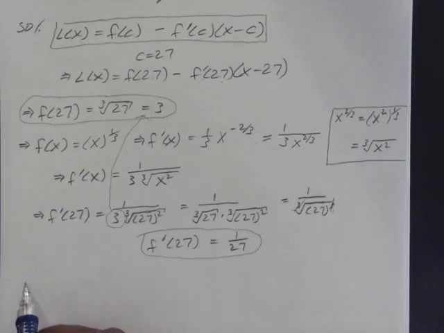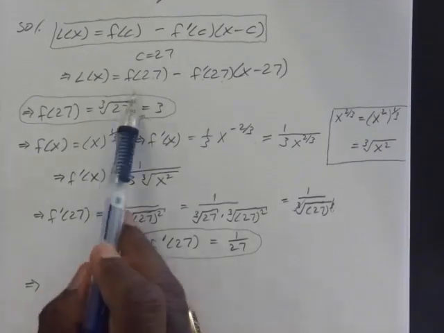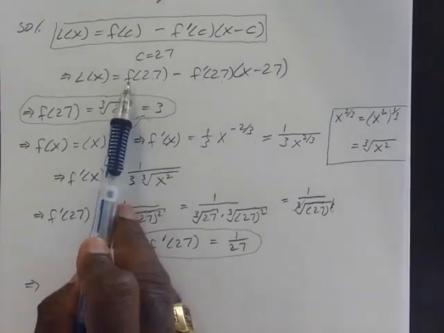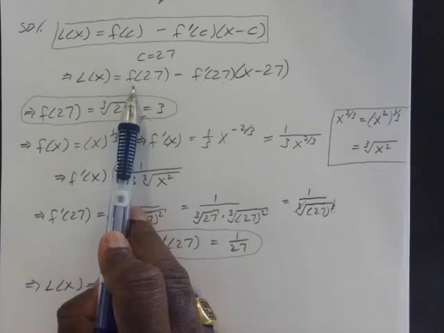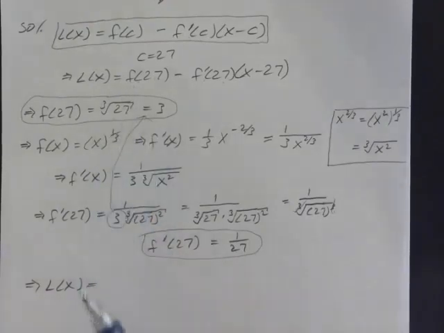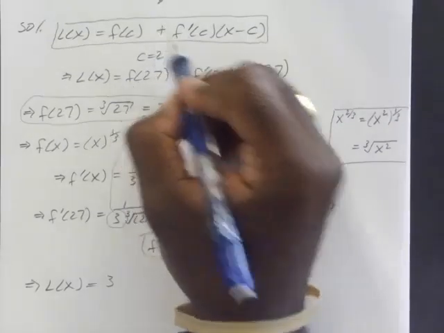That means our linear approximation formula, if we go ahead and plug everything in, is L of x is equal to f of 27, which is 3, plus, I have negatives on the brain for some odd reason.